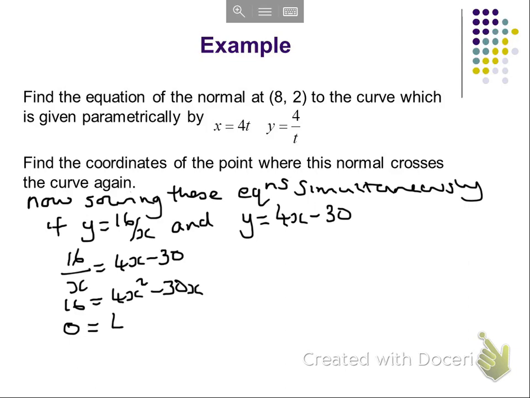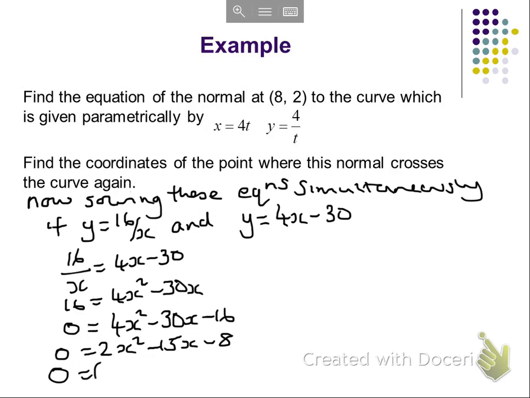So 0 will equal 4x squared minus 30x minus 16. And I'm then going to divide through by 2, and this will give us 2x squared minus 15x minus 8, which I can factorise down to give us 0 equals 2x plus 1 and x minus 8.